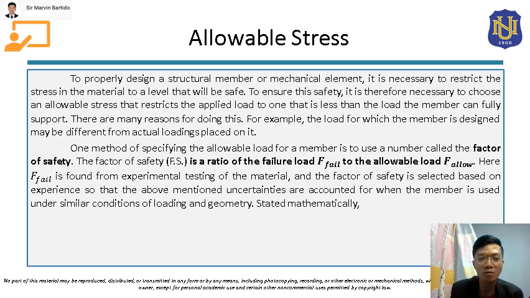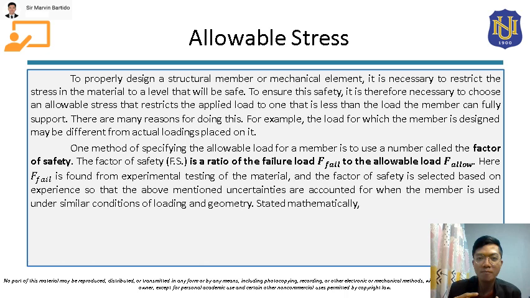One method of specifying the allowable load for a member is to use a number called the factor of safety. The factor of safety, or FS, that's the acronym for that. That is the ratio of the failure load to the allowable load. Here, the failure load, of course, is the load that when you apply to the structure will fail.